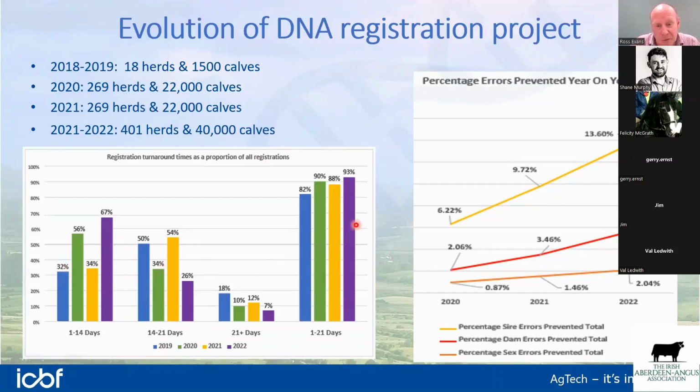And 93% of animals we can now turn around within 21 days, which is getting to the point where it's quite acceptable, particularly for the dairy farmer who wants to move those surplus calves off the farm quite early. And in the context of where it has taken us, we're seeing about 14% sire errors prevented, about 6% dam errors, but also about 2% sex errors changed at source.